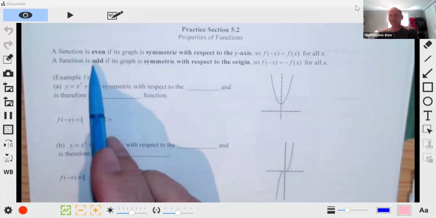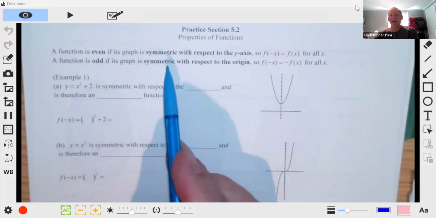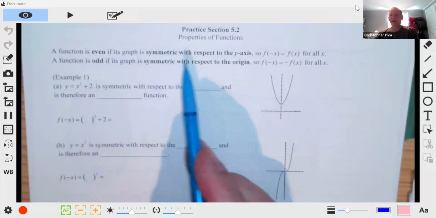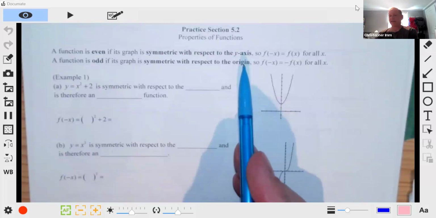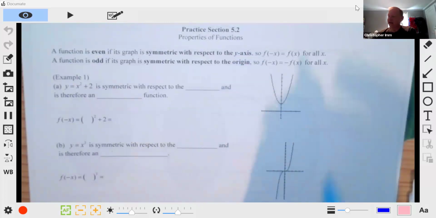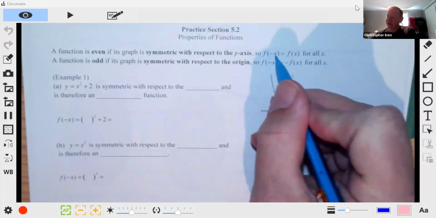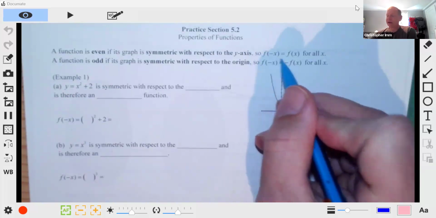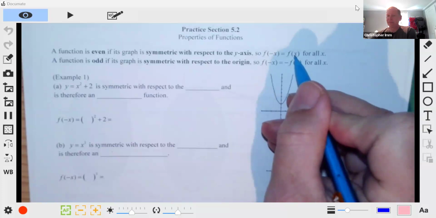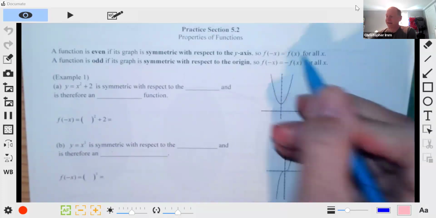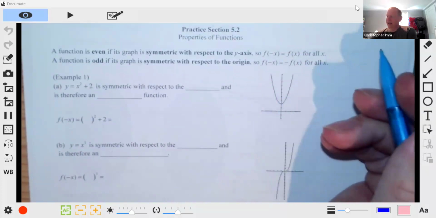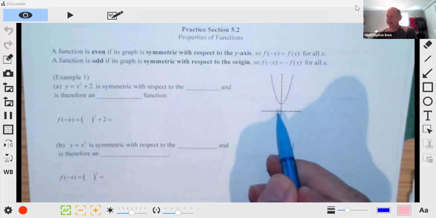A function is said to be an even function if its graph is symmetric with respect to the y-axis. What that means algebraically is if I plug in negative x for the function, then that's going to give me the same y value as if I plugged in positive x. So algebraically, here is a good even function.